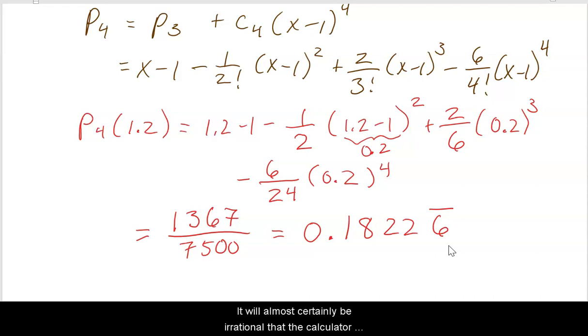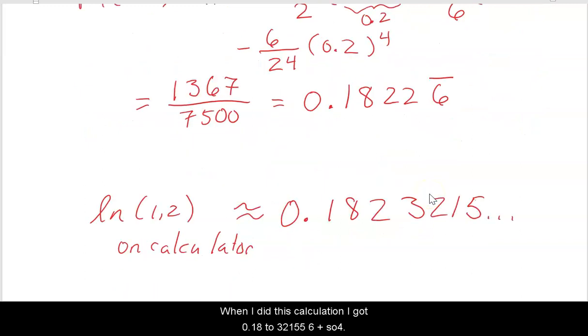Now take your calculator and calculate the natural log of 1.2. It will almost certainly be irrational, but the calculator will give you a good approximation, accurate to many more decimal places than what will show on the screen. When I did this calculation, I got 0.182321556 and so forth.